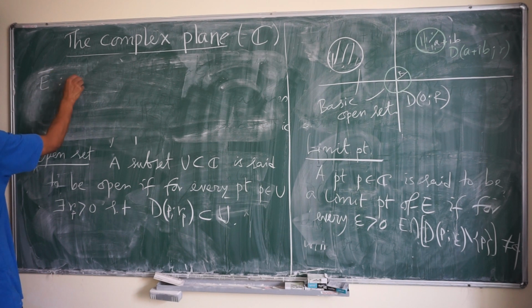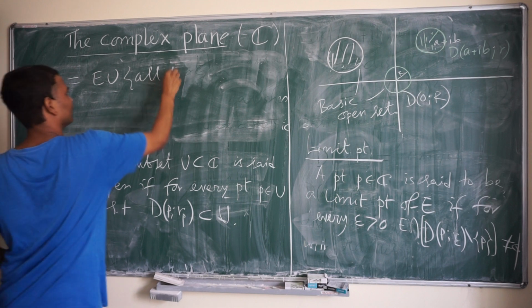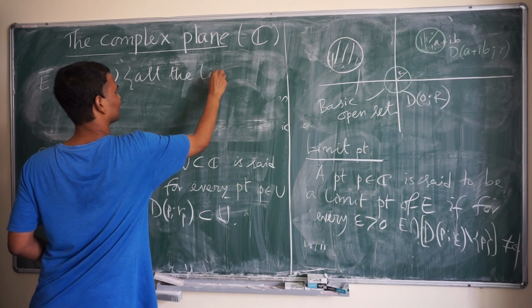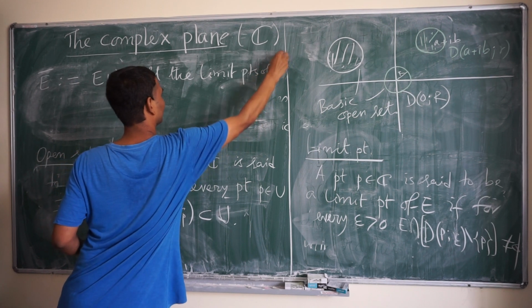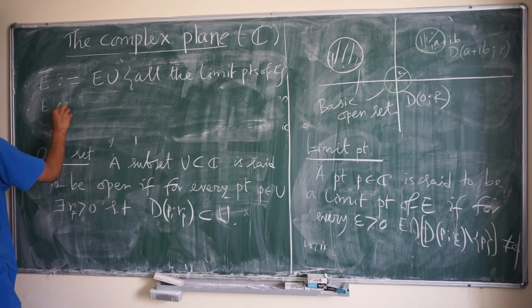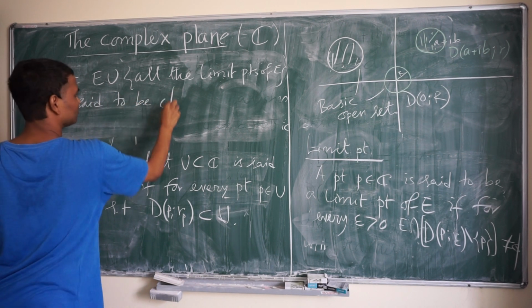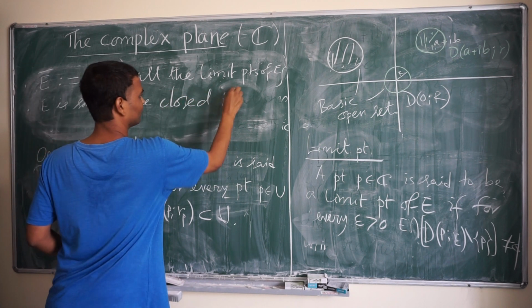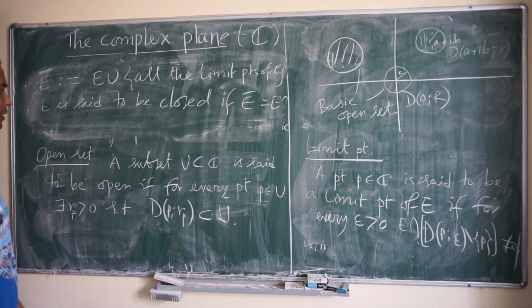Closure, as we defined, is E union all the limit points of E. A set E is said to be closed if E closure is E. Alright?